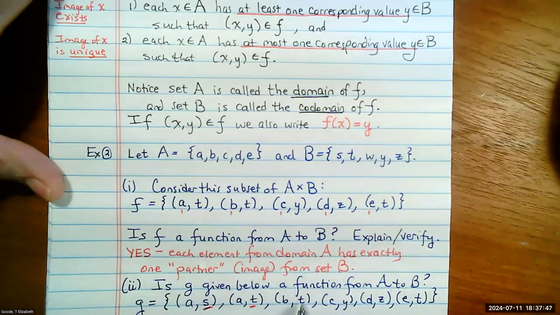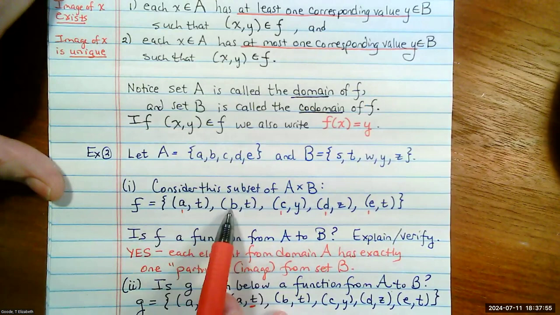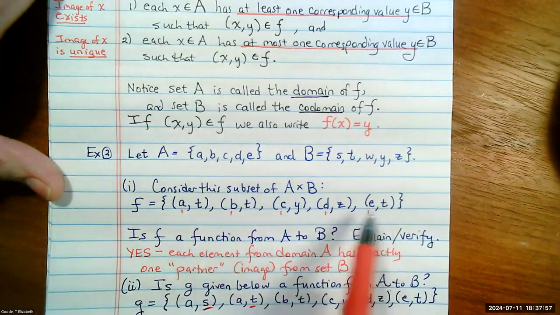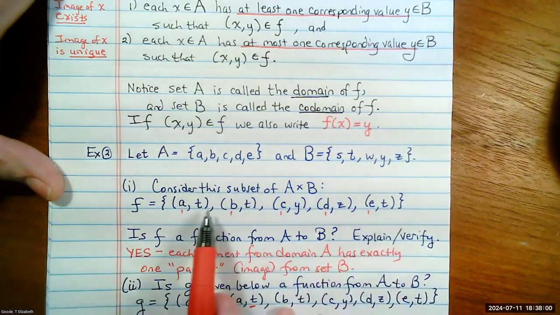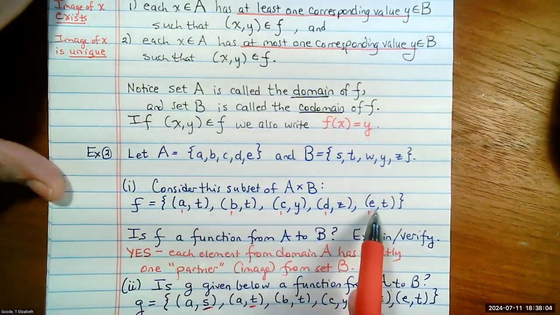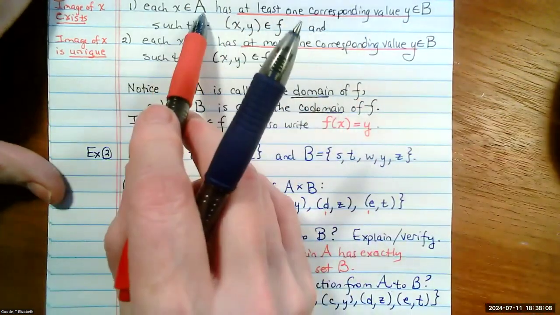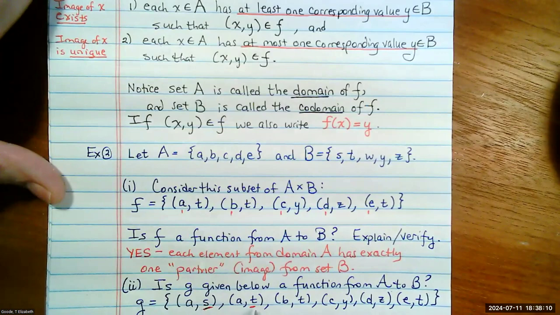It's not a problem that t is matched with numerous elements from A. Look, that happened in F. t was the image of a, t was the image of b, and t was the image of e. That's not a problem to have a second coordinate be the same for numerous different first coordinates. That's not what this definition says. This definition says that each x has exactly one partner.